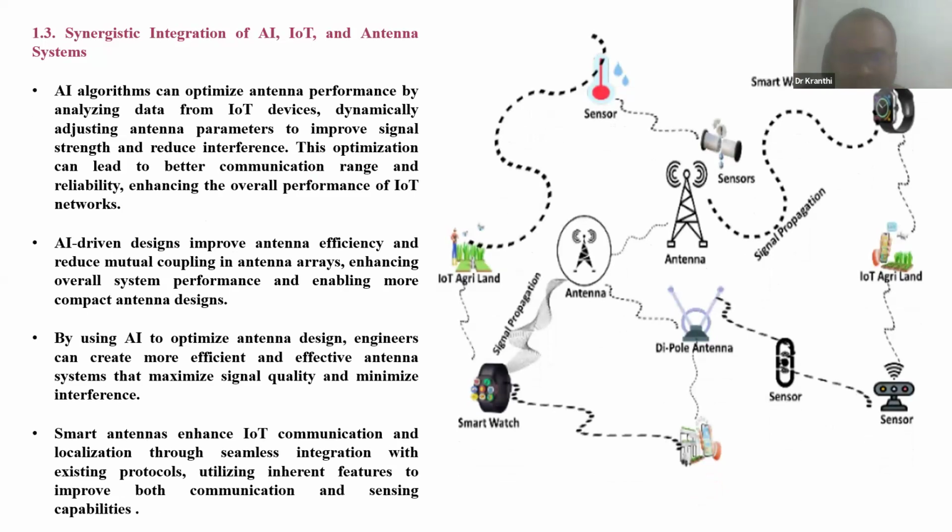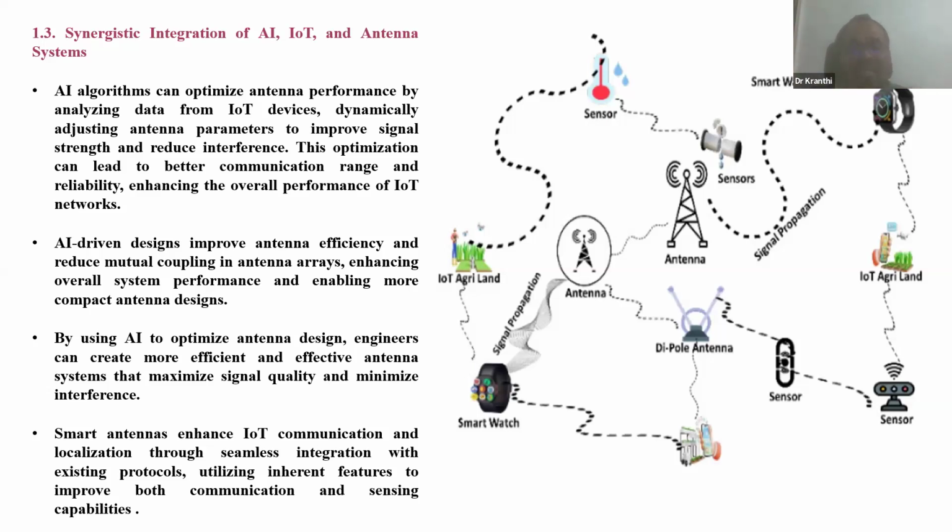Here, in IoT-enabled agriculture, at the bottom left and top right corners, you can see IoT agricultural lands equipped with multiple sensors. Sensors means soil sensors, moisture, heat, many things. These sensors can measure environmental conditions such as soil moisture, temperature, and humidity, and which land soil is suitable for which crop.